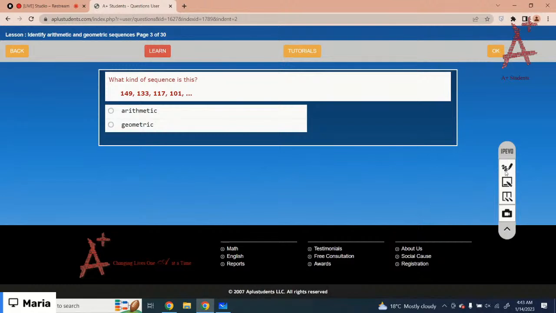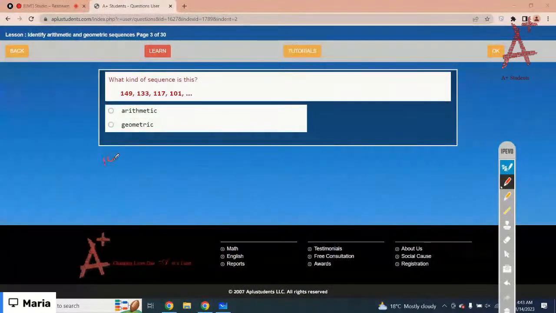Okay, the next one is 149, 133, 117, 101. Let's check for the common difference. Let me subtract 133 from 149. So it is negative 16. Okay, let's check the next one. 117 minus 133 would be minus 16.